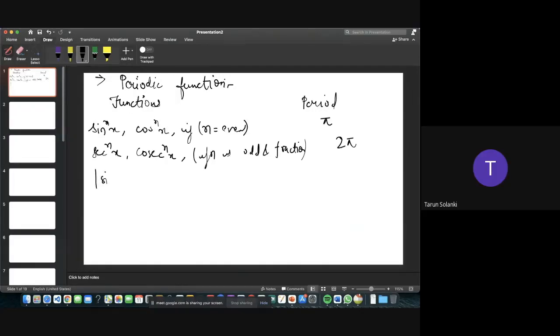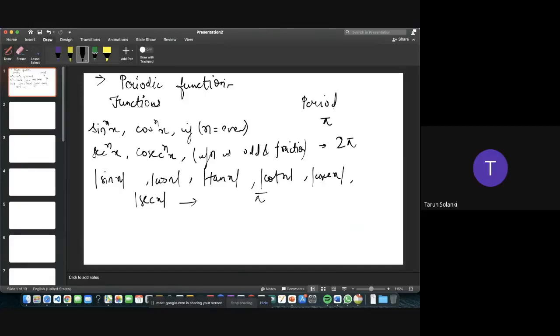Similarly, mod of sin x or mod of cos x, or we can say mod of tan x. Similarly, there is mod of cot x, and we have mod of cosec x, and here mod of sec x. So for these the period becomes pi.